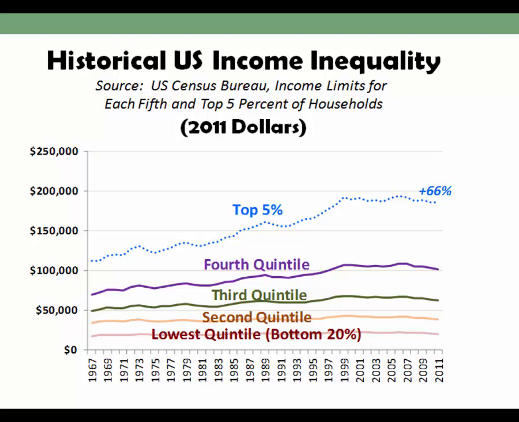And the final takeaway from this graph on income inequality is that the top 5%, which was a little over 100,000 in 1967. So the disparity between being in the bottom and being in the top 5% has dramatically grown.